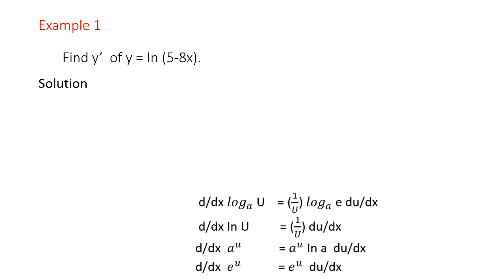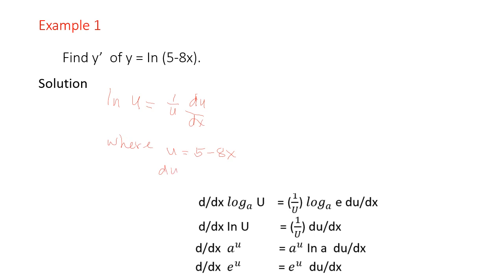So, example: find y prime of y equals ln of 5 minus 8x. So the solution will be this one. ln of u equals 1 all over u du over dx, where u equals 5 minus 8x.